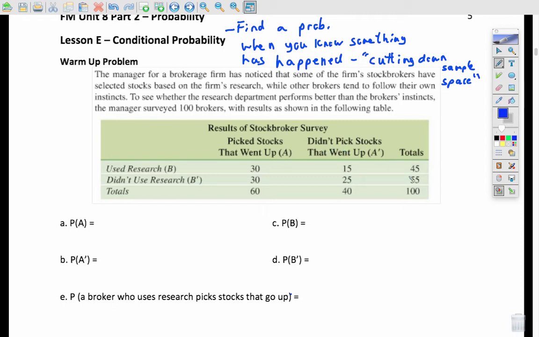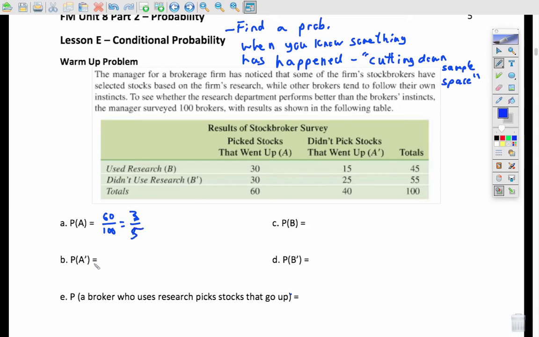So if I wanted to find the probability of event A, that a broker picked stocks that went up, out of the 100 total brokers, you can see that in the lower left-hand corner, the total number is 60. That 60 is the total number of brokers out of the 100 who picked stocks that went up. So that reduces down to 3/5.